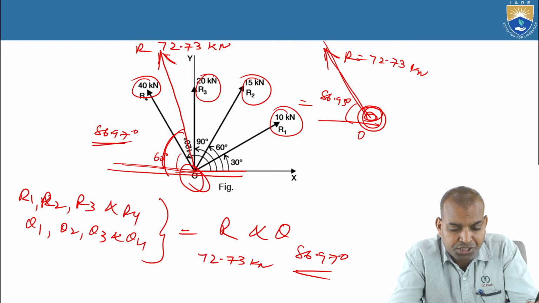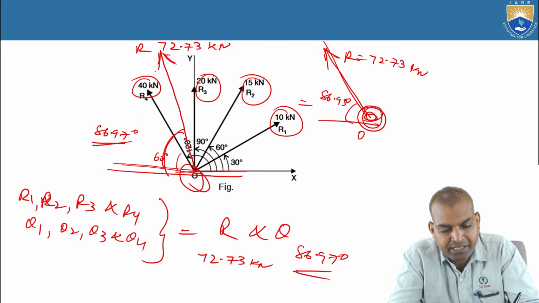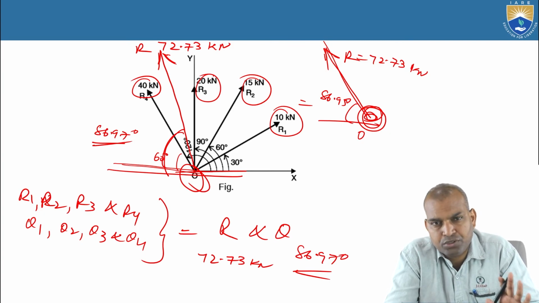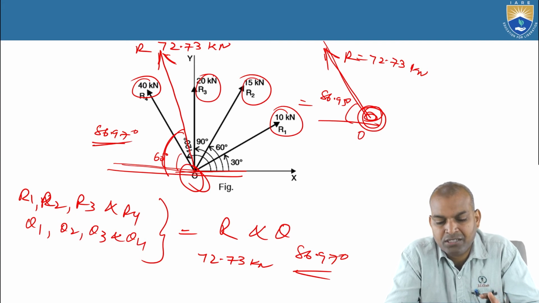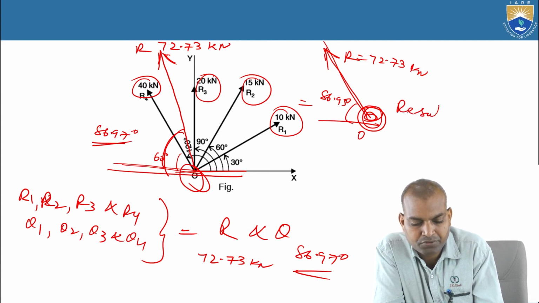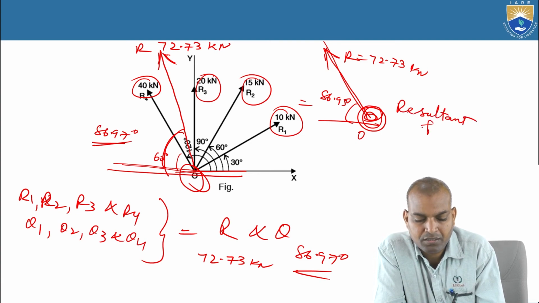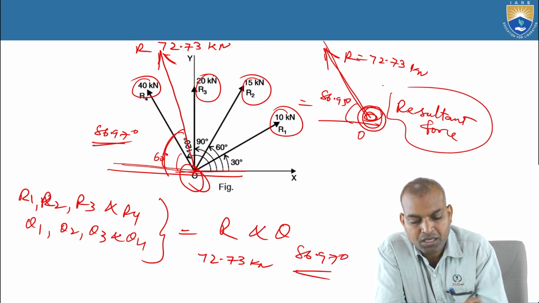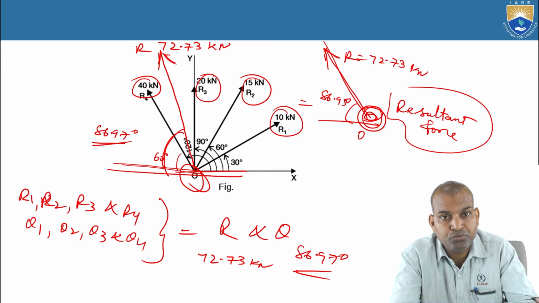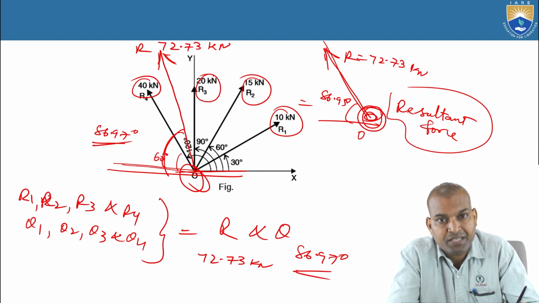Now, instead of a number of various forces with different magnitudes acting, all these forces can be replaced by a single force. The effect remains the same. That force is known as the resultant force. How do we find the resultant force?